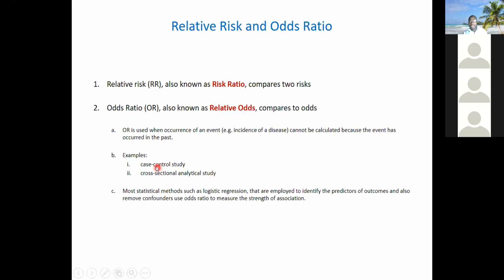Like in a case control study, the event has happened. In that situation, the particular attribute is very rare. So what to do for the study, instead of doing a cohort study that looks to the future to calculate risk?